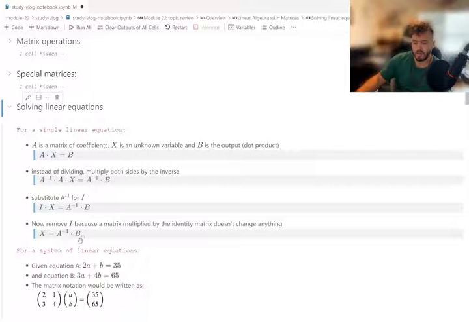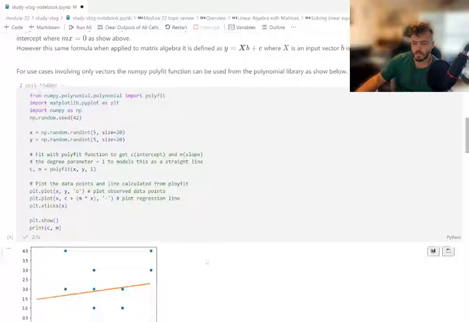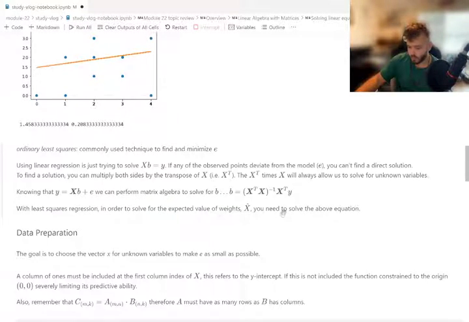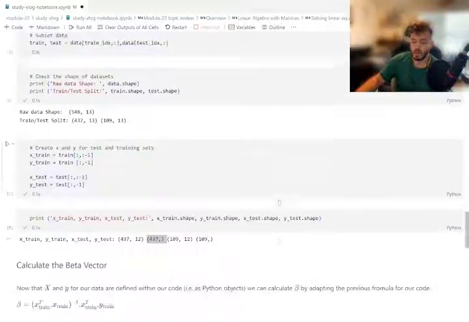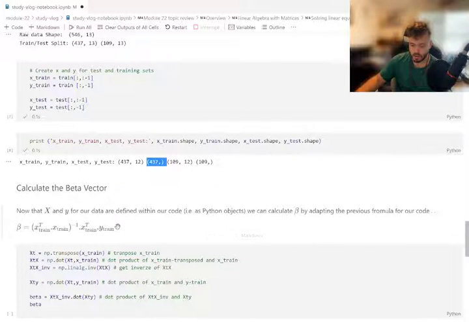Here, this formula right here: B equals the inverse of X transpose times X, times X transpose times Y. To put that in NumPy notation, it's this right here: the transpose of X train times X train itself, the inverse of that, times the transpose of X train times Y train.